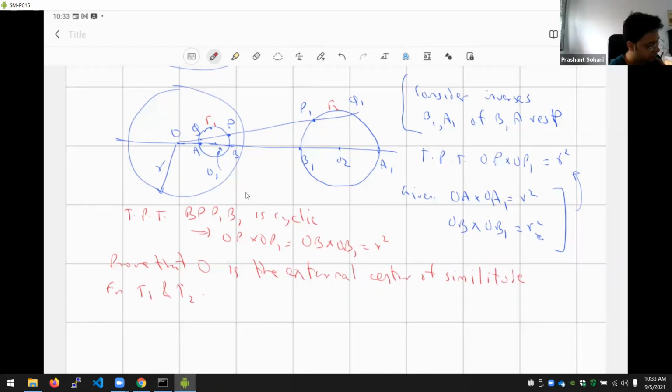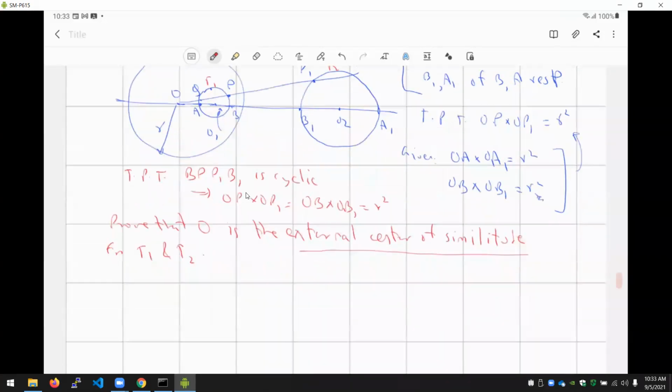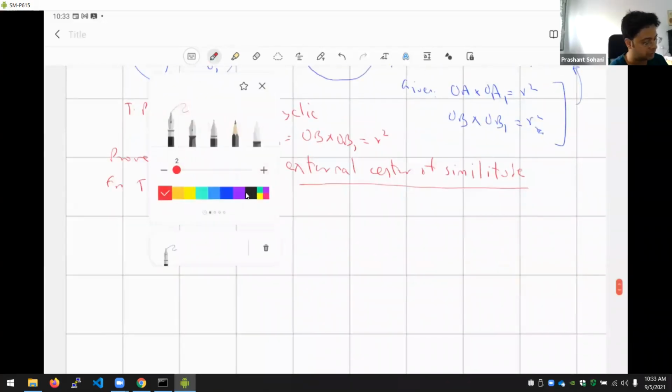Are you aware of the meaning of this phrase, external center of similitude? No, sir. Okay, so forget this problem for a while.